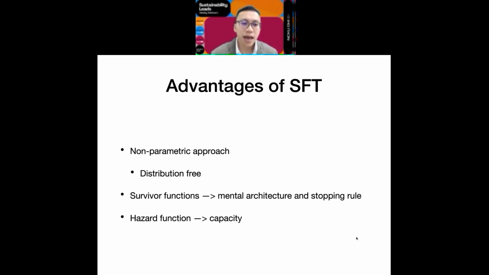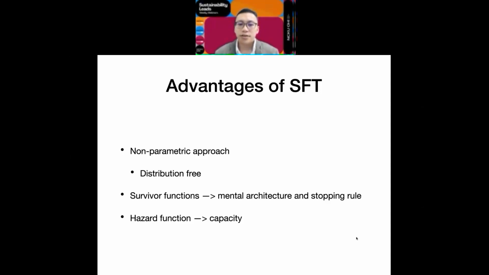When you analyze data, you don't need to assume whether the data come from a normal distribution or a Weibull distribution; you can just analyze it. Because it is non-parametric, you can also apply it to small sample sizes. In any kind of distribution, and no matter whether the sample size is small, you can still apply SFT to analyze data and make inferences.